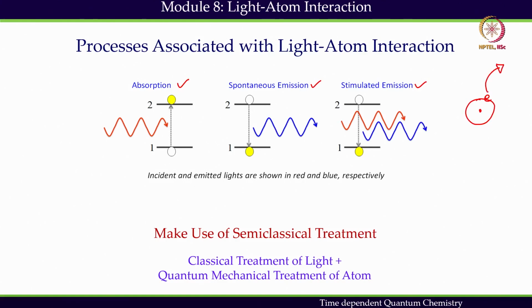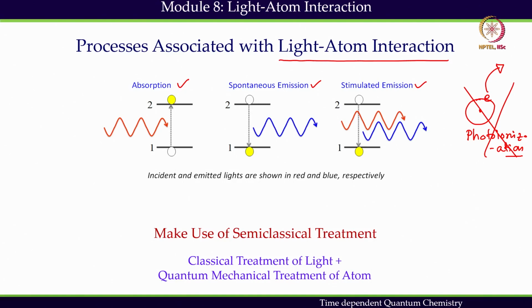That is called photoionization. Photoionization will not be discussed here. So, these are the 3 fundamental processes that light atom interactions can render.